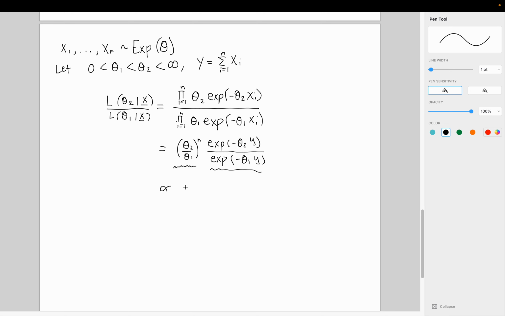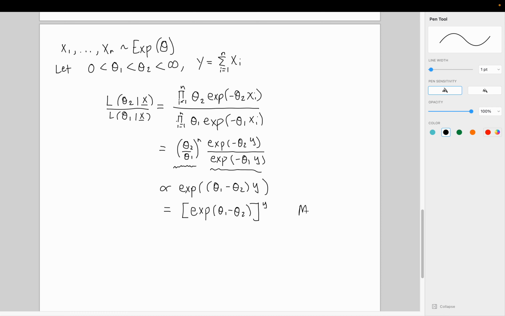So I'm going to use proportional to and do a little more rearrangement: e to the power of (theta 1 minus theta 2) y. And with one more rearrangement, I have e to the power of (theta 1 minus theta 2), all to the power of y, using exponent rules.